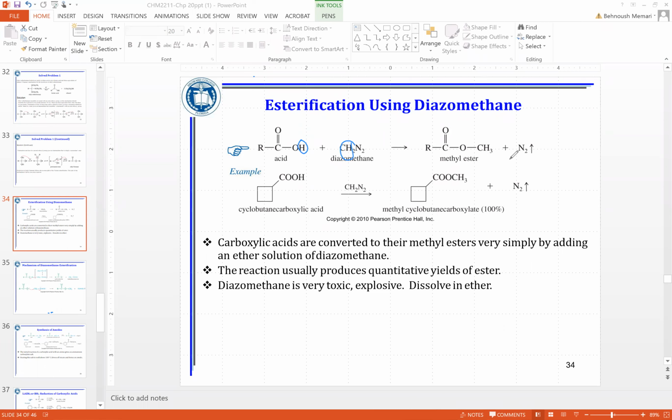You don't worry about the mechanism for this reaction, but just learn that diazomethane with the carboxylic acid can replace the hydrogen. A methyl group can replace the hydrogen, and it can give you methyl ester. It's just for methyl ester.